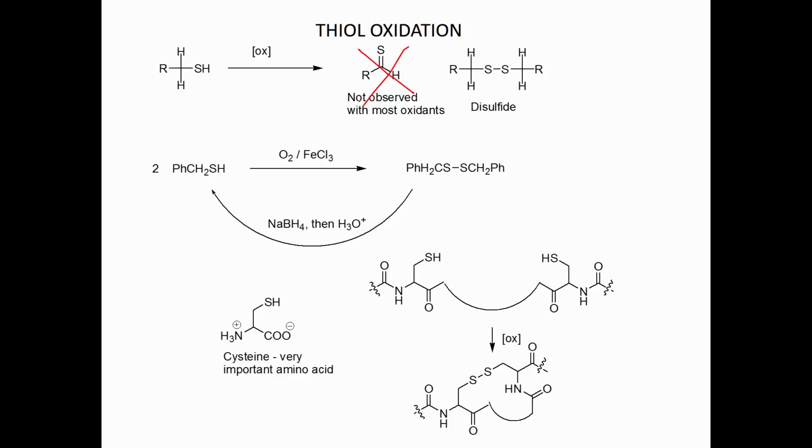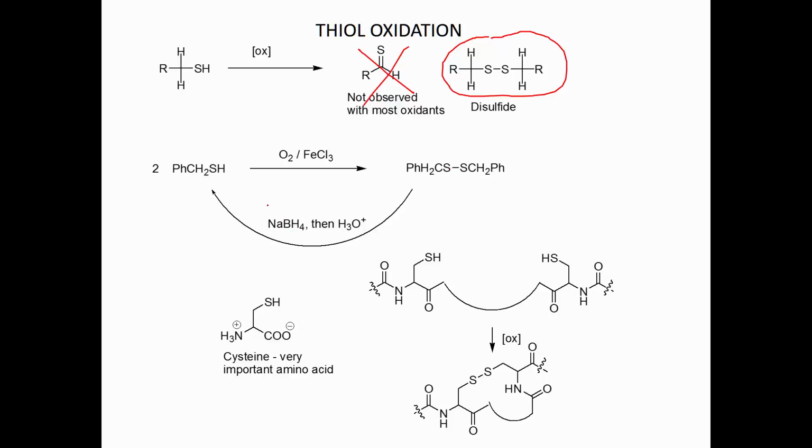When you oxidize a thiol, the compound most oxidants produce is a disulfide, where you just make a sulfur-sulfur bond. You just take two of these together and replace the SH bonds with an SS bond.